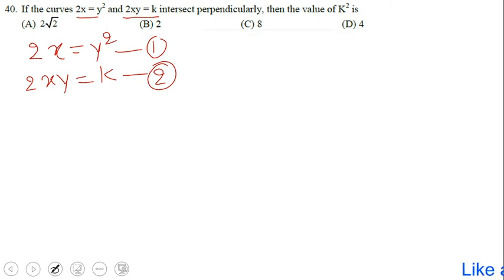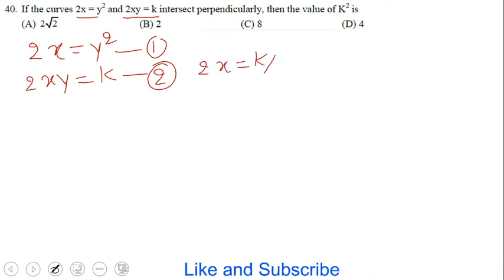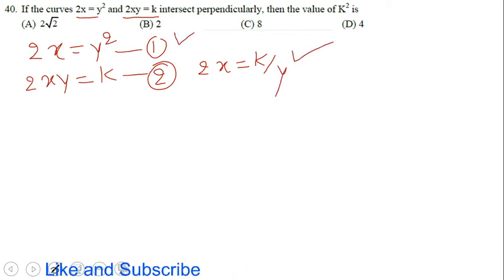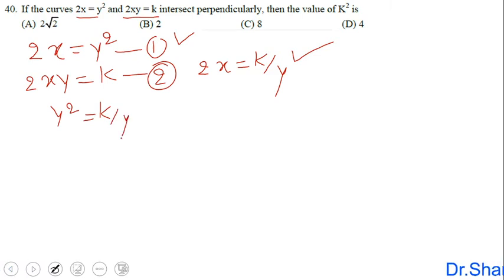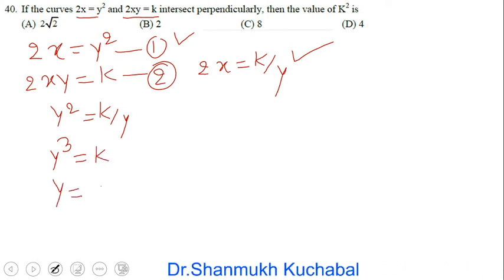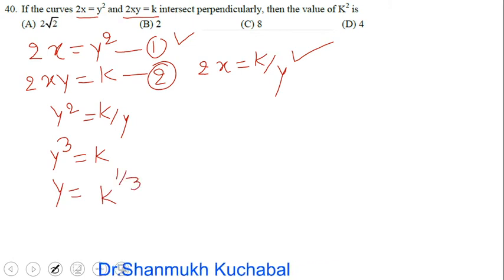Writing the solution for 2x from the second equation, we get 2x as k divided by y square. Now the LHS of this equation and this equation are the same, so we equate the RHS. We get y square equal to k divided by y. Transporting y to the LHS, we get y cube equal to k. Therefore the y value is k raised to 1 divided by 3 here.